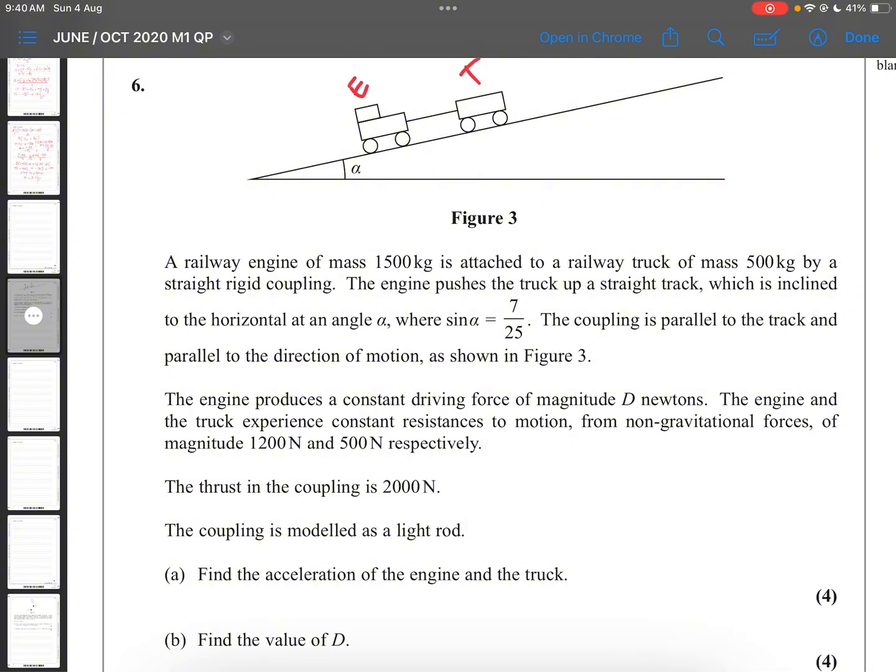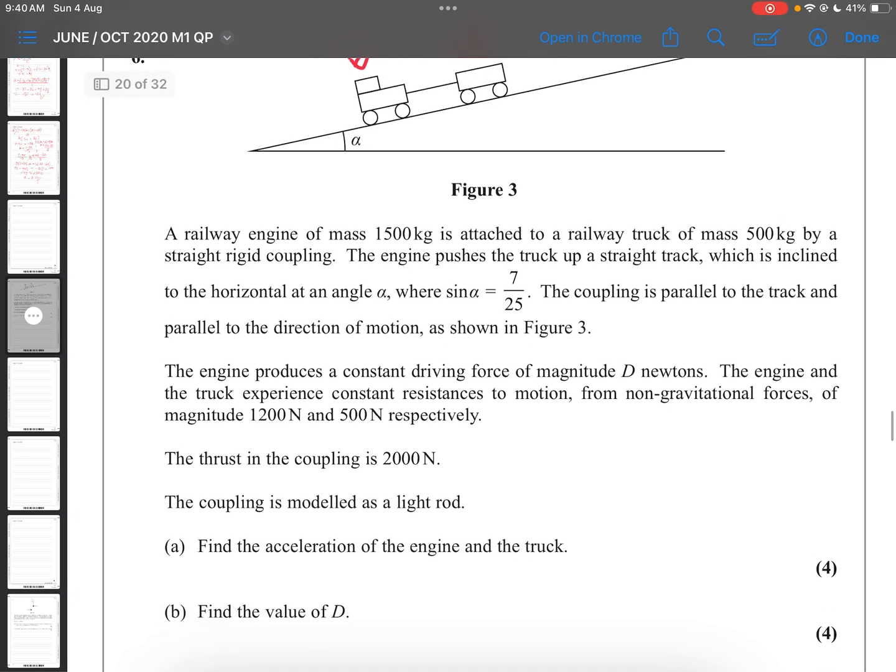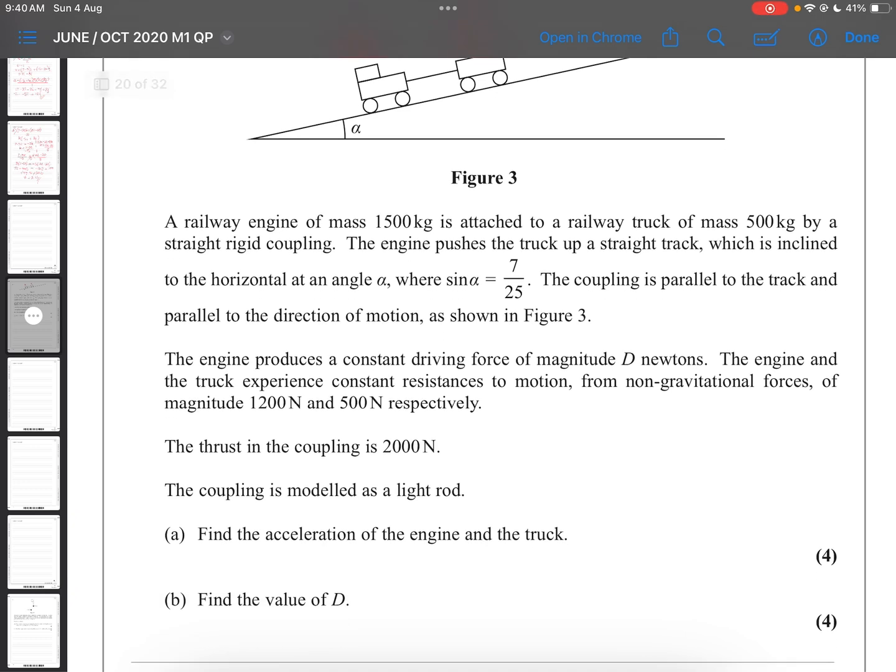The engine produces a constant driving force of magnitude D newtons. The engine and the truck experience constant resistance to motion from non-gravitational forces of magnitude 1200 newtons and 500 newtons respectively. The thrust in the coupling is 2000 newtons. The coupling is modeled as a light rod. Part A says find the acceleration of the engine and the truck.